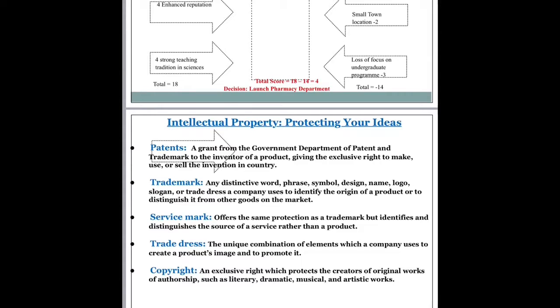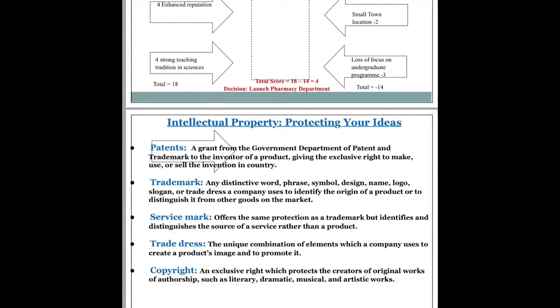It used to be only Wellcome Pakistan who had patents for insulin, and they were the only producers, and they had the exclusive right of making it, using and selling it in the country. So a patent is a specific grant given by the government to that inventor or innovator.